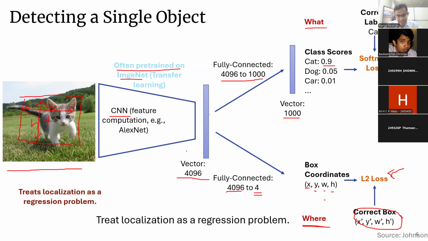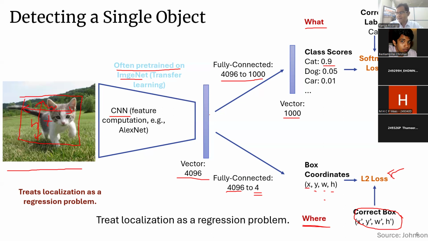This shows the object detection problem for a single object. So how many outputs will be there by the network? What is the size of the output tensor in the what branch? Can you answer that question?